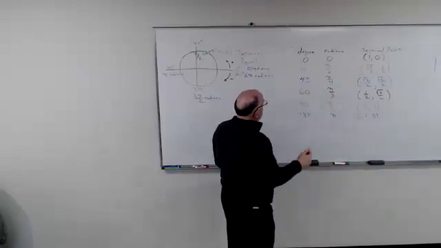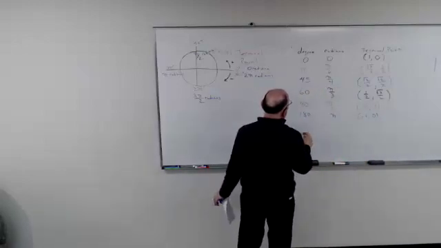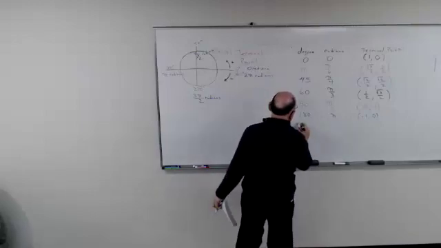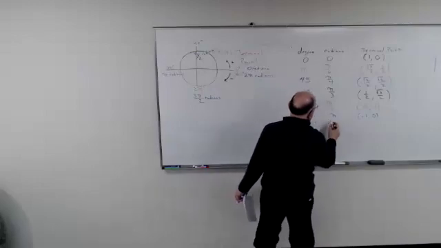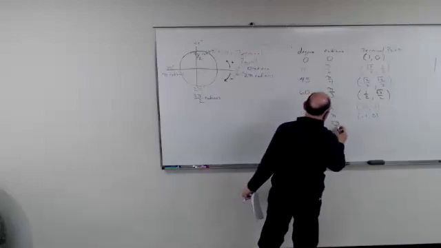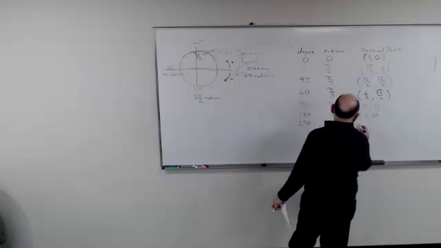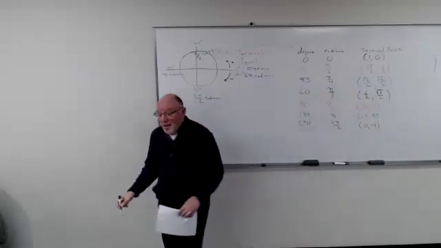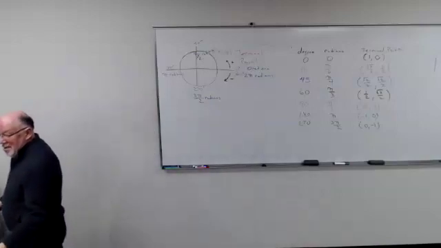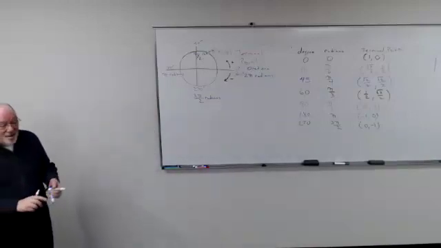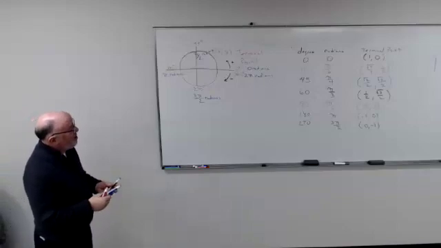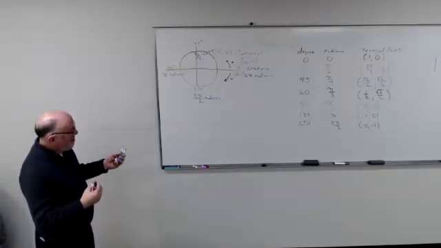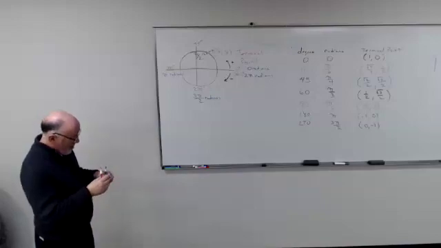And then 270, 3 pi over 2, (0, -1). So you have that chart. Again, some of those you didn't even need to memorize in terms of exact numbers, all right? So 30 degrees, pi over 6, pi over 4, pi over 3.